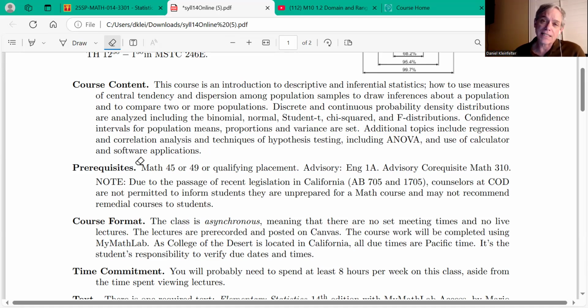The inferential statistics half is how we can use sample data to make some sort of inference, that's the name, or decision or conclusion about some sort of population. As a quick example, let's say that someone claimed to us that the average age of a COD student was 19 years old.